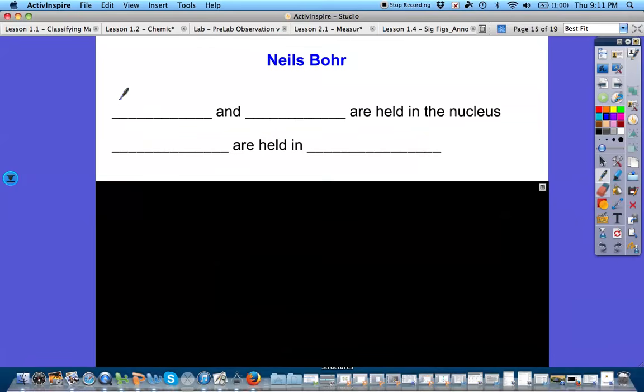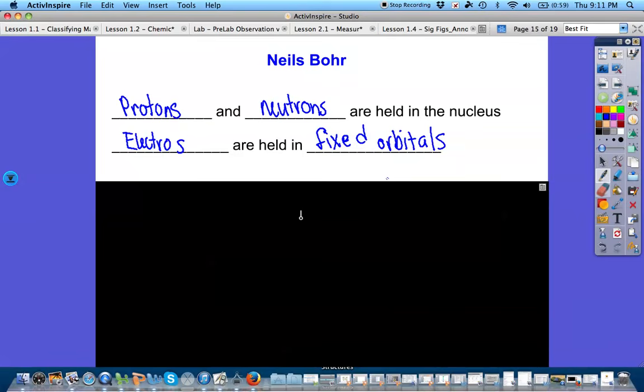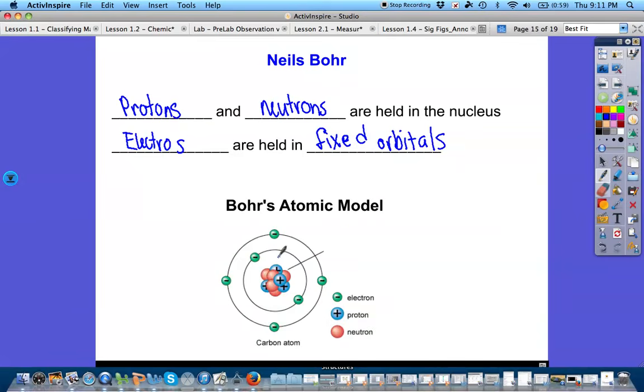Niels Bohr, he agreed that the protons and neutrons are held in the nucleus. But he said those electrons are held in fixed orbitals. So Bohr's atomic model, you have the nucleus here in the center.